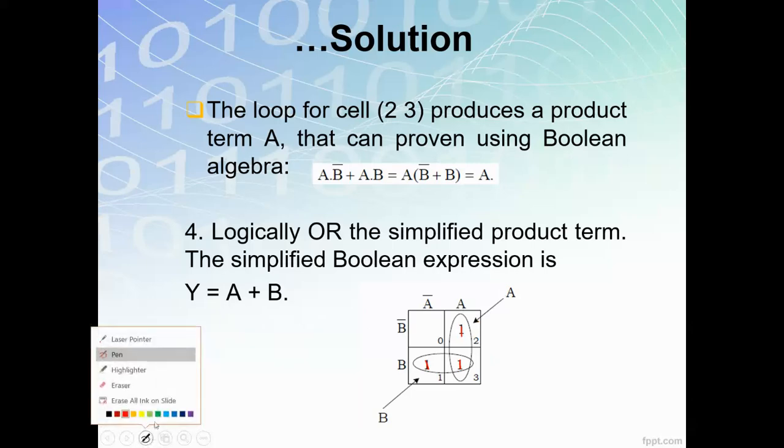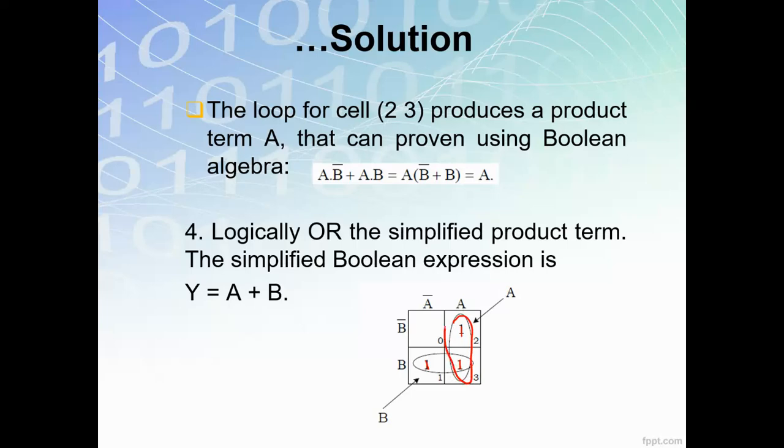For a two variable Kmap, the maximum loop size is 4, followed by 2. But in this case you don't have a 4, so you have 2. So we have a first loop here, and then you have another one here.